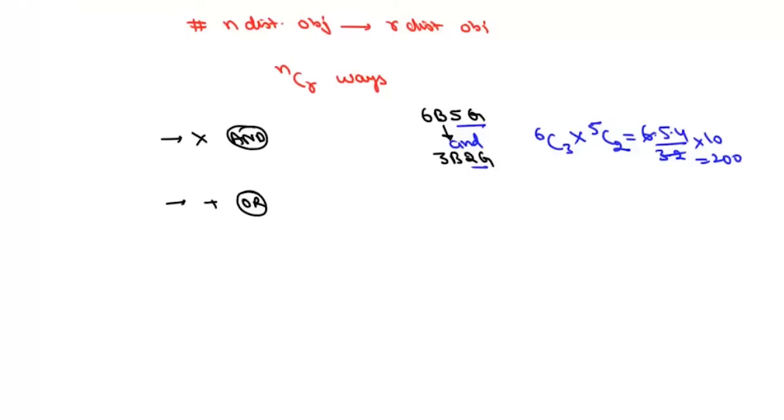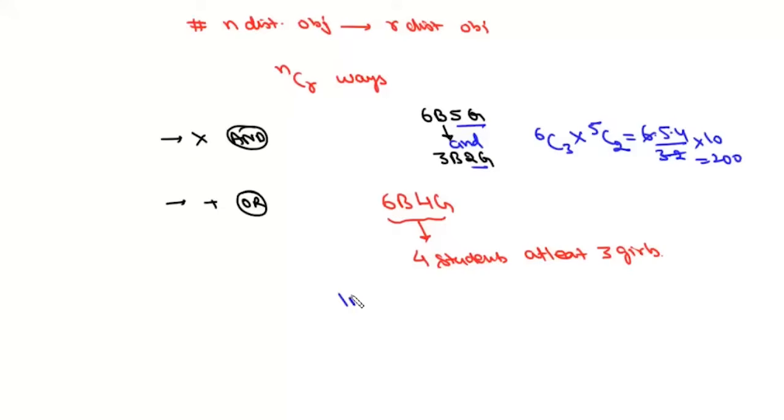Now suppose the question is, there are 6 boys and 4 girls, and we need to select 4 students so that it has at least 3 girls. Now there will be 2 cases possible.